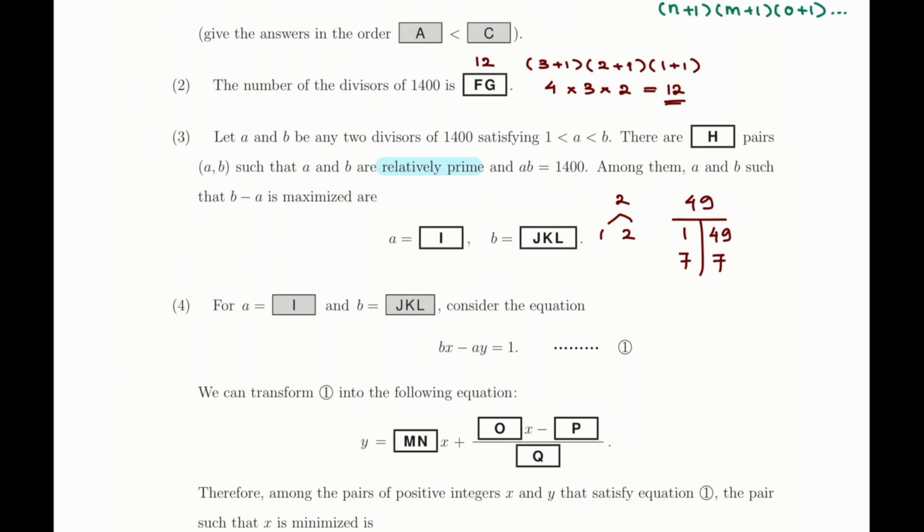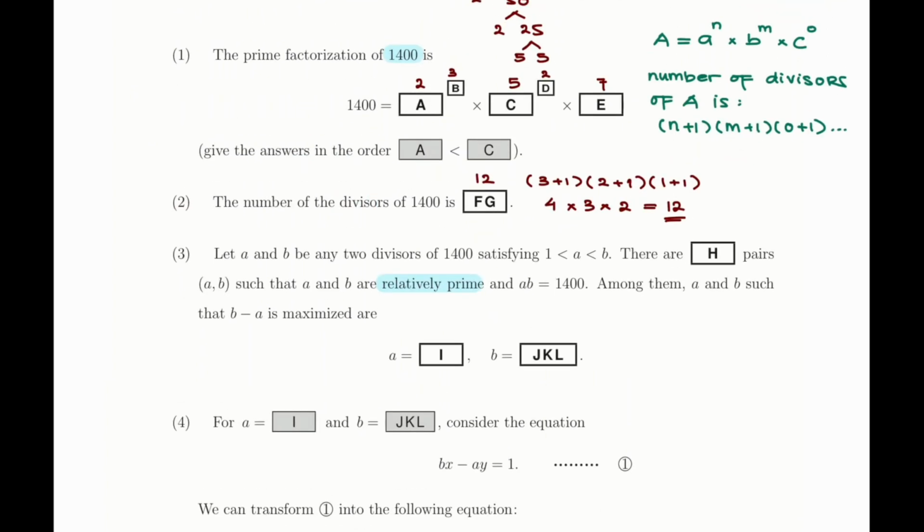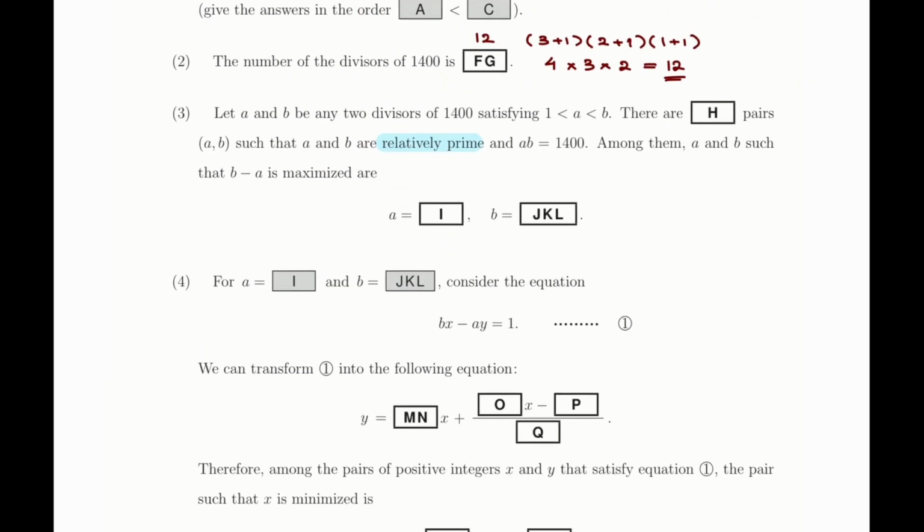So if I want to find how many pairs A and B are relatively prime, I can start from the prime factorization of 1400, which, if I write it down once again, is 1400 equals 2 to the power of 3 times 5 to the power of 2 times 7. As you can see here, 2 to the power of 3 is equal to 8, and then 5 squared times 7, 25 times 7, you will get 175.